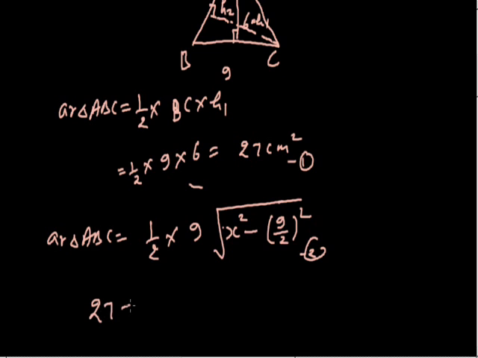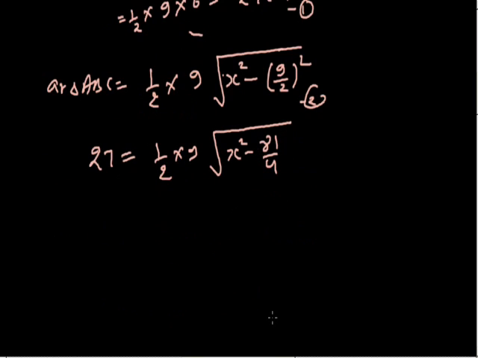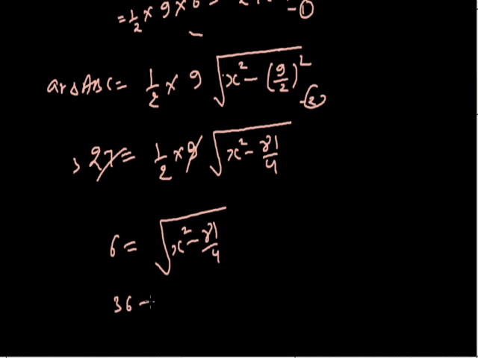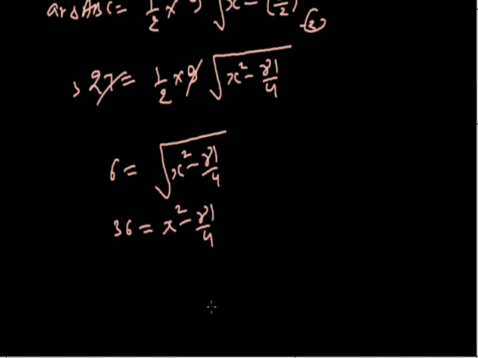So we can say that 27 is equal to half into 9 under root of x square minus 81 by 4. Now 9 is cancelled by 27, 3 times, cross multiplying, we get 6 is equal to under root of x square minus 81 by 4. Squaring on both sides, we get 36 is equal to x square minus 81 by 4.